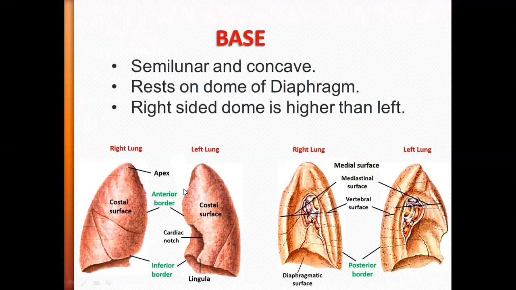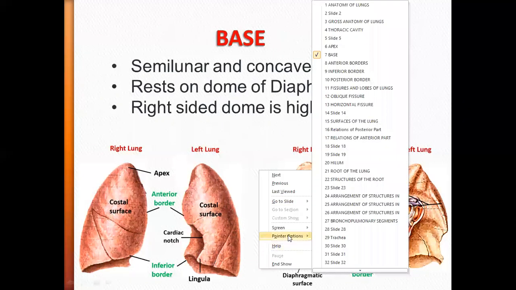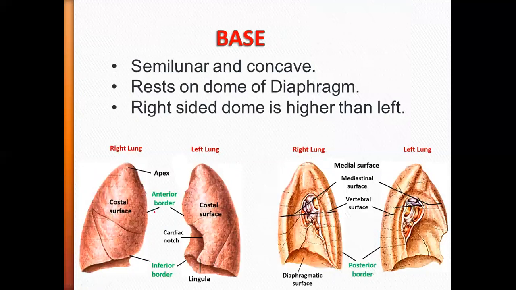But in case of the left lung anterior border, what is happening? It is forming a notch, called the cardiac notch. Why? I'll just draw and show you. What is going to happen?